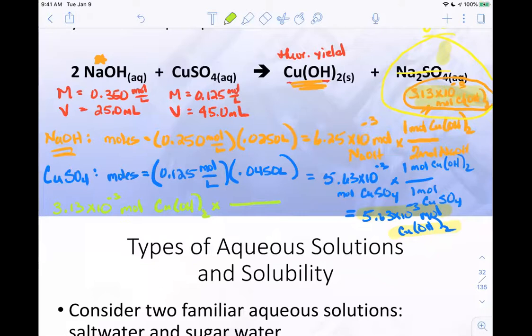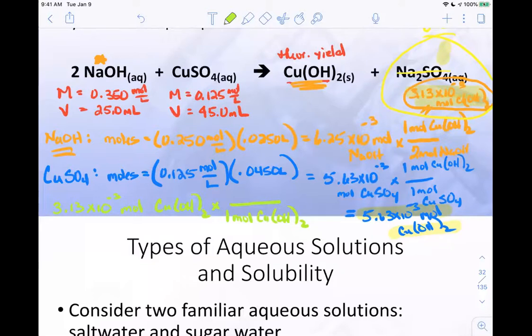and I know that for every 1 mole of copper hydroxide, what's the molar mass? I have copper, which is 63.546, plus 2 oxygens, plus 2 hydrogens.